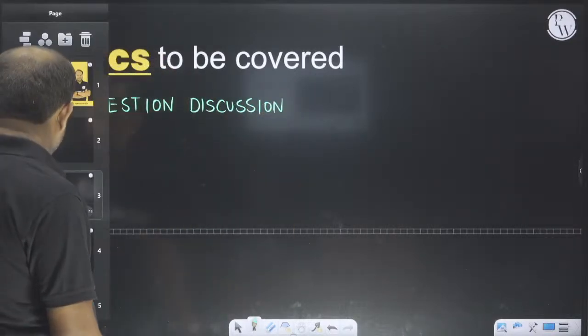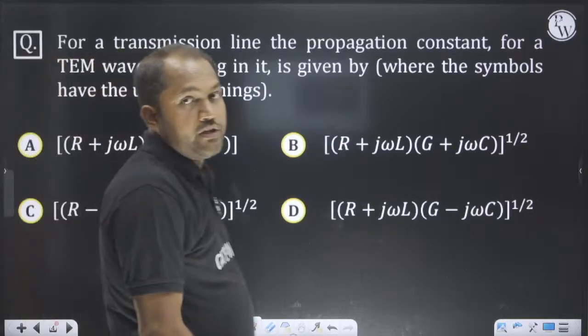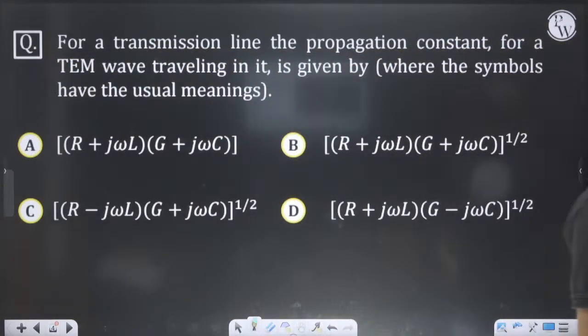Okay, this is the first question. They have asked what is the value of propagation constant. So we have to calculate the propagation constant value.